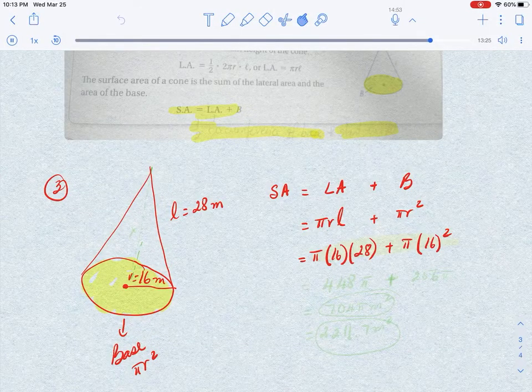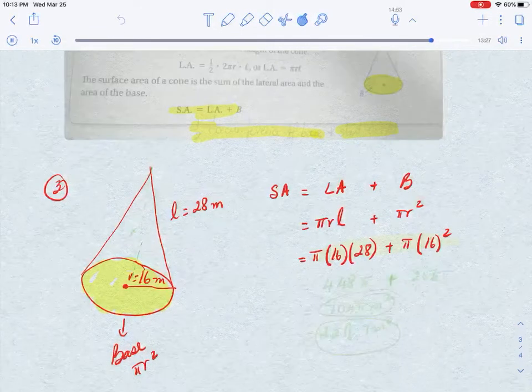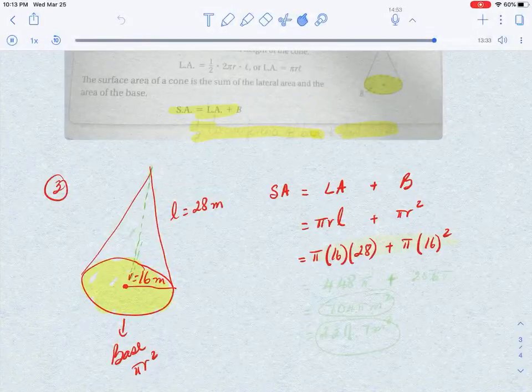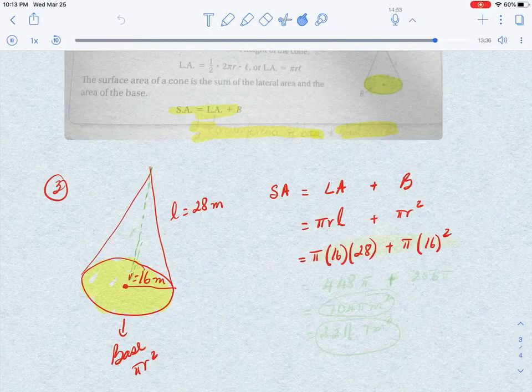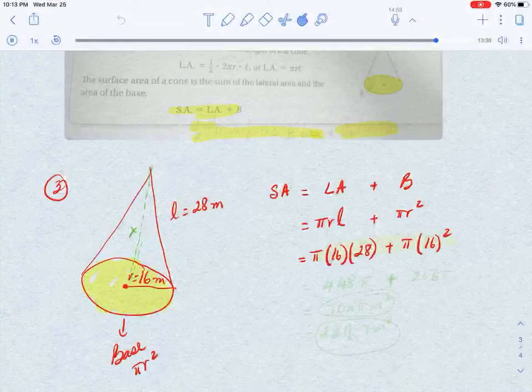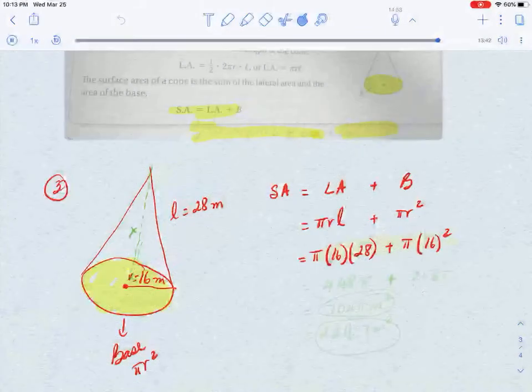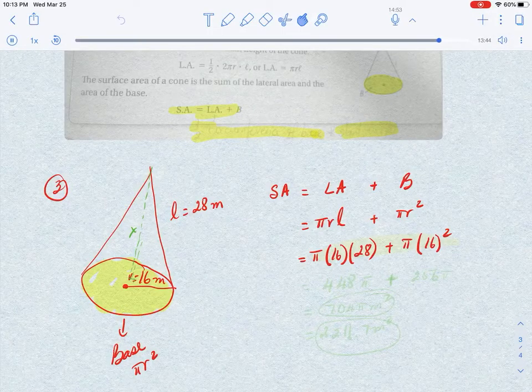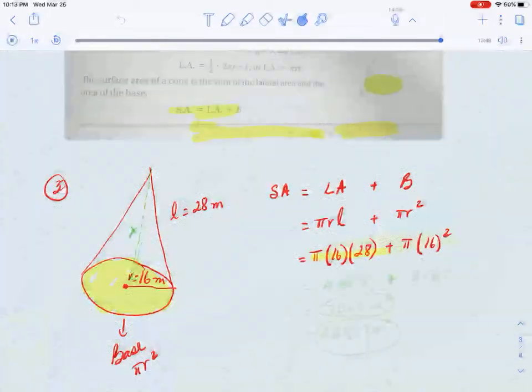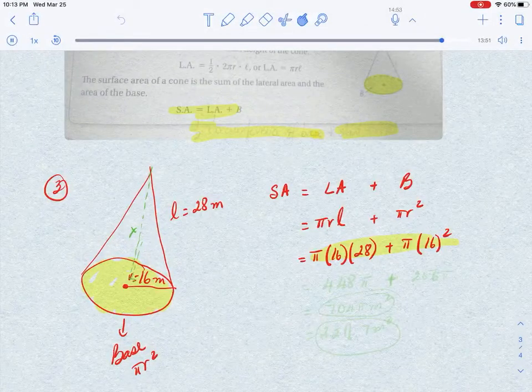In this case they gave you the slant height. Just in case they don't give you a slant height, you can always find it. Let's say they give you this value right here, and you have the base as well, so you have the height, so you can always find a slant height. In this case, I'm using the substitution method. I have everything, so now I just need to multiply together.